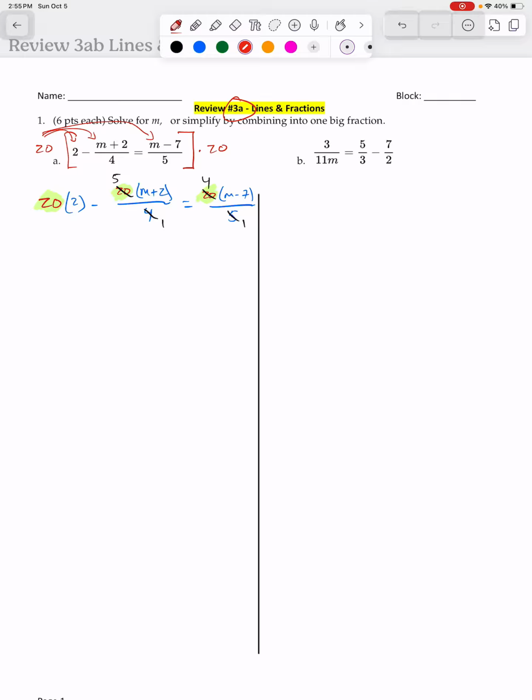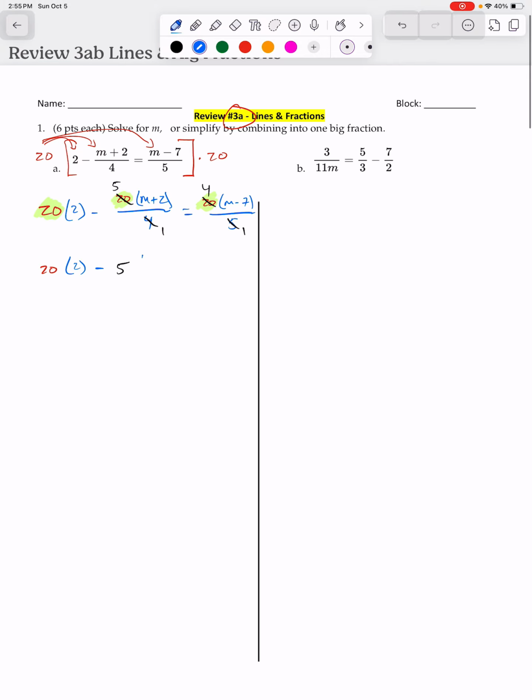So that then what I have is 20 times 2 minus 5 times (m plus 2) equals 4 times (m minus 7).